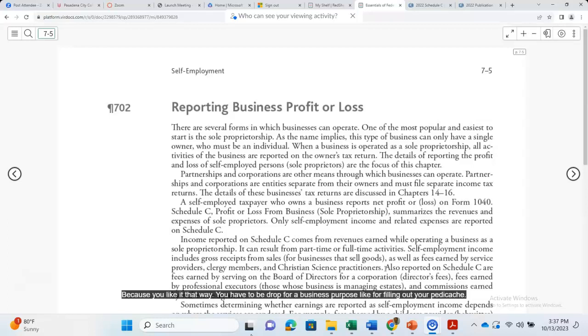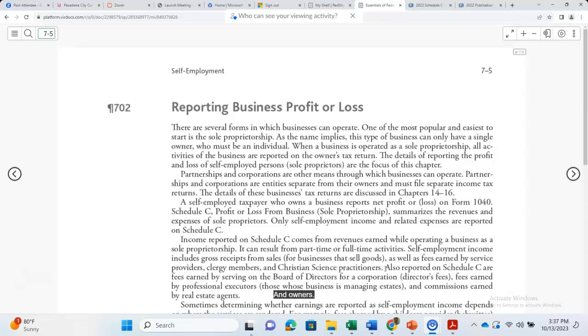You have to withdraw for a business purpose, like for filling up your petty cash. But in a sole proprietorship, the owner is the sole proprietor, so the owner can withdraw money anytime he wants. And that will be called withdrawal, or owner's withdrawal.